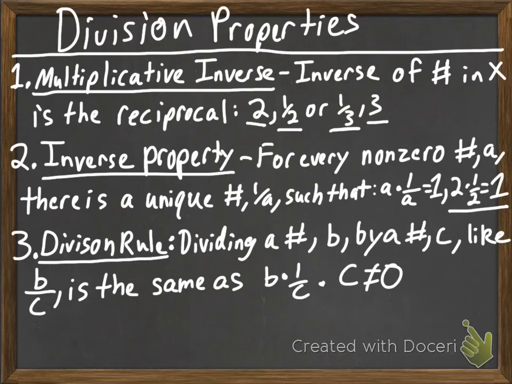And our last property is the division rule. It says that dividing a number b by a number c, like this example down here, b divided by c, is the same as saying b times 1 over c. The key here, though, is c cannot equal 0.